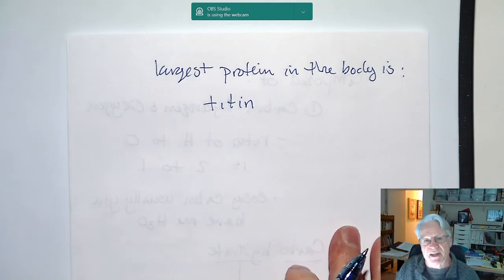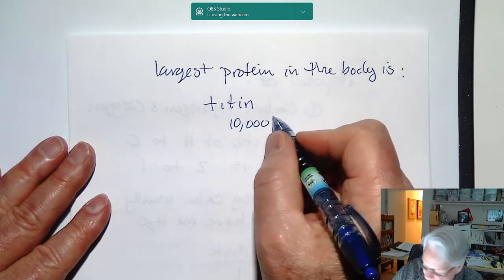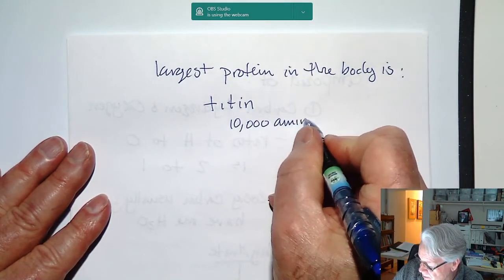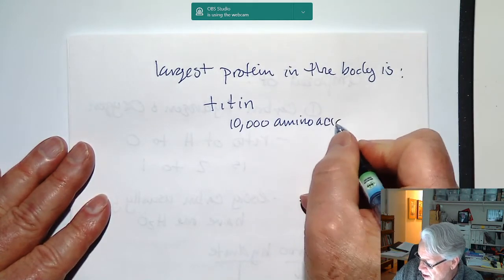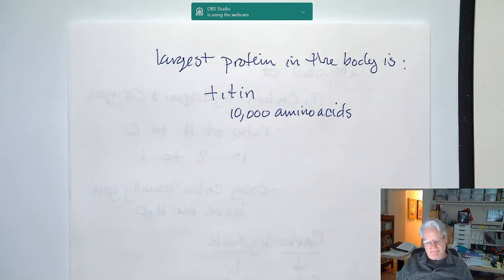And we're going to talk about titin when we look at muscle tissue. And titin consists of 10,000 amino acids. A very long chain of amino acids. Okay. All right.